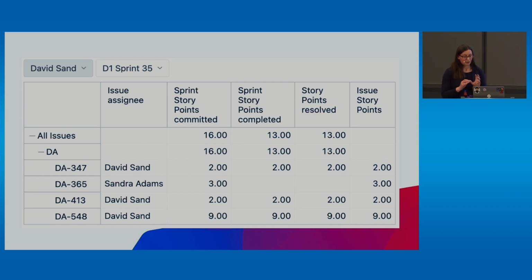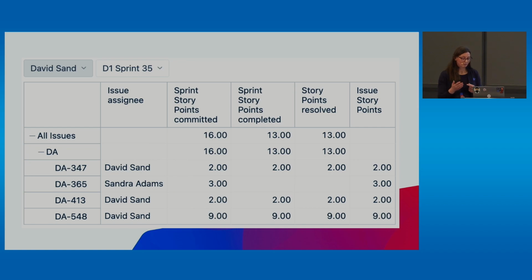And I also added 2 more measures here. We started with sprint story points committed and completed. I also added story points resolved and issue story points. As you can see, story points resolved represent values for David as they are currently for David. And issue story points just show the values as they are on issues.